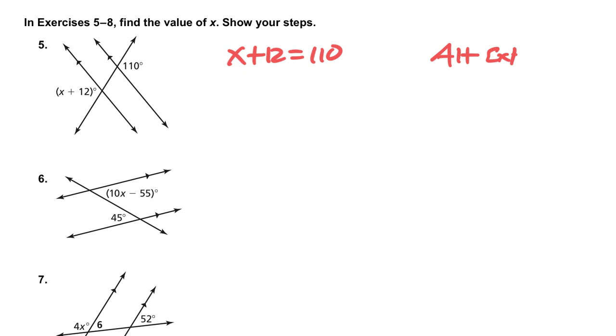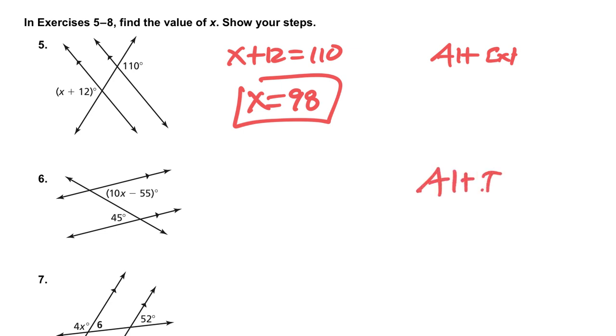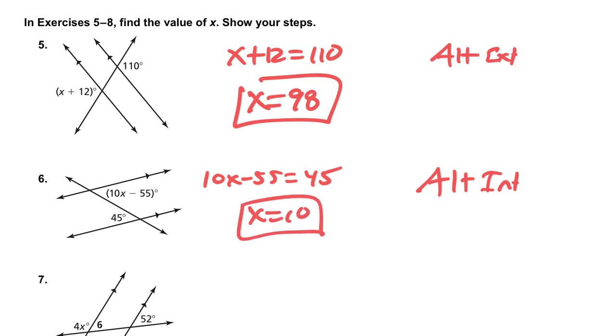Alternate exterior, boom, I can solve and say x equals 98. On number 6, I see these are alternate interior angles, that means I can take 10x minus 55, set it equal to 45 degrees, and I can solve and get x equals 10. I know I'm going through this pretty quick, but I think you can do the algebra.